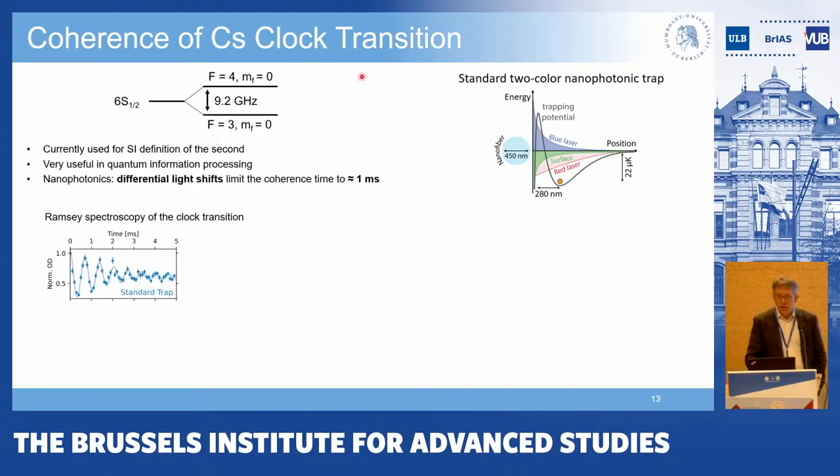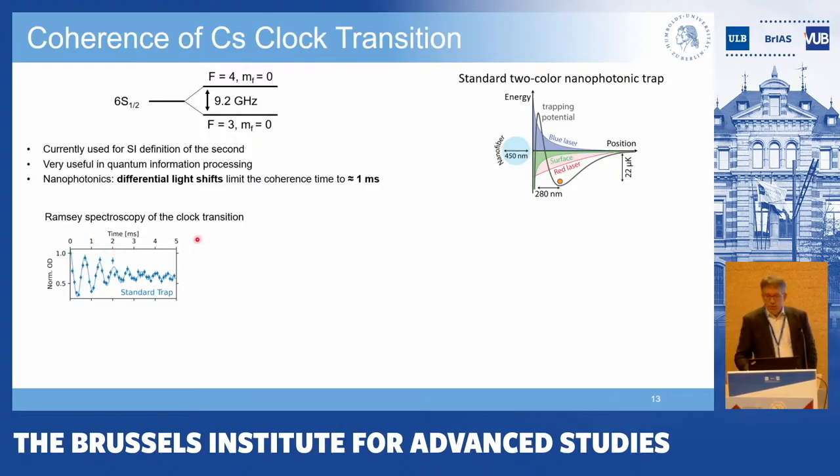And it turns out that in our standard trap, we have measured this coherence time, and we find about a millisecond, which is due to so-called, for the experts, differential light shifts between the two levels in conjunction with the motion in this trap. Meaning that if we look at the Ramsey signal here, for the experts, we see that coherence decays on the time scale of a millisecond, okay?